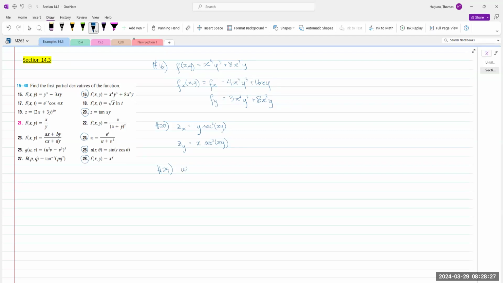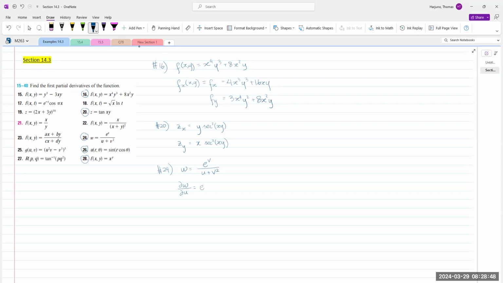That's w equals e to the v over u plus v squared. So the partial of w with respect to u will be, this e to the v is just the coefficient in terms of u, right?